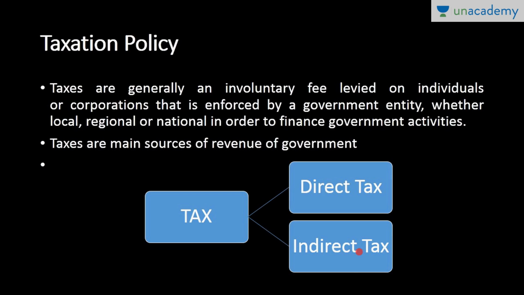But indirect tax is non-progressive in nature, meaning it is levied the same whether a person is rich or poor. For example, if I buy a chocolate of 10 rupees, then whatever tax is paid by me is the same. If I am buying that chocolate and you are buying the same, we are paying the same amount of tax, and that is known as indirect tax, which is non-progressive in nature.